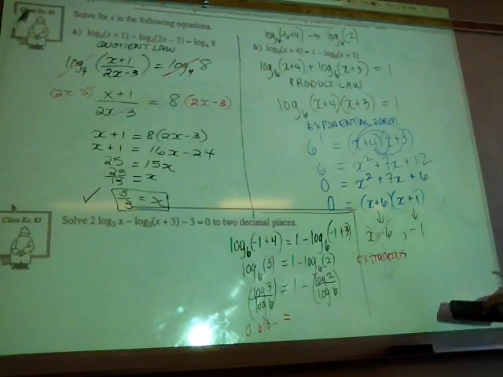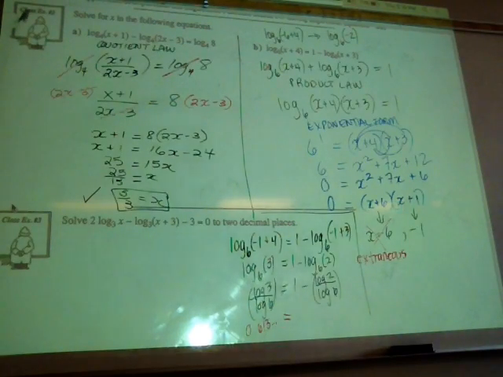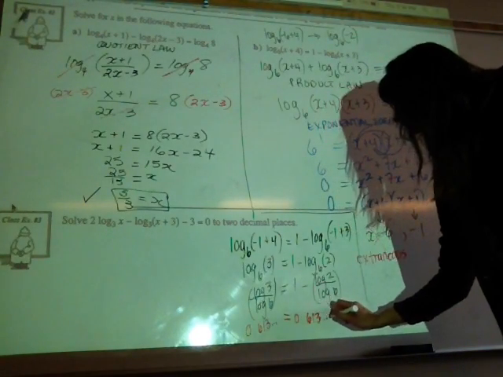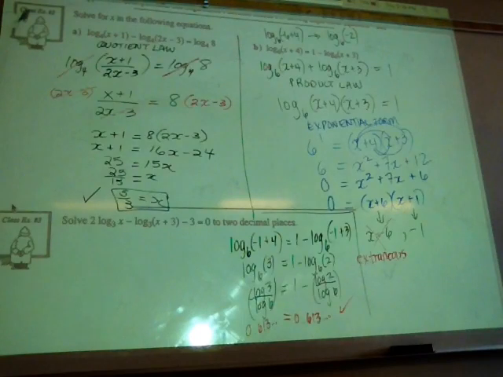Okay, and then when I calculate on the right-hand side, again, we get 0.613. So if right-hand side equals left-hand side, we found ourselves a solution. So x equals -1. It does not equal -6.